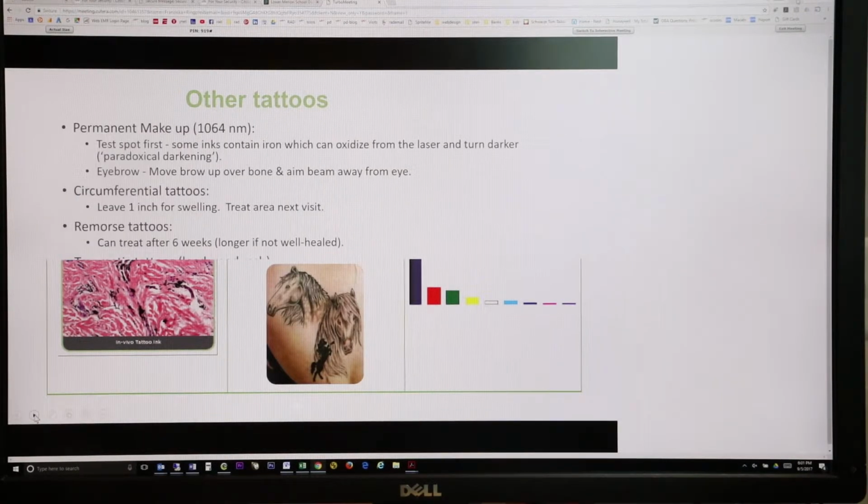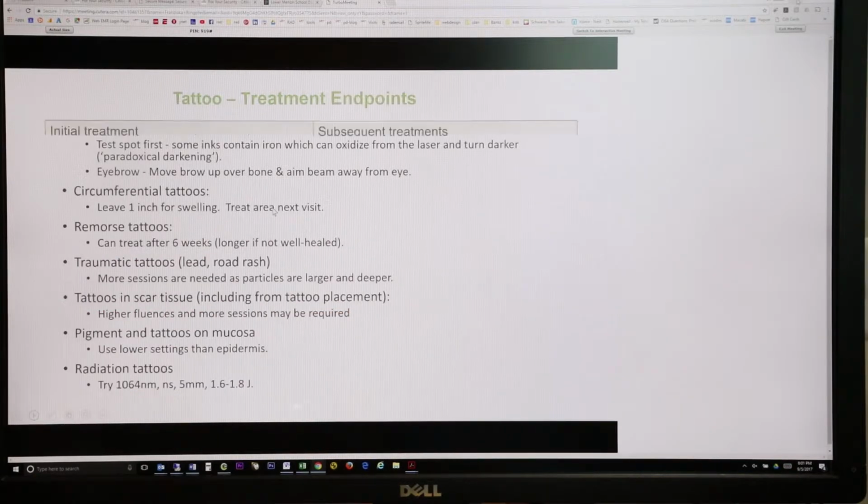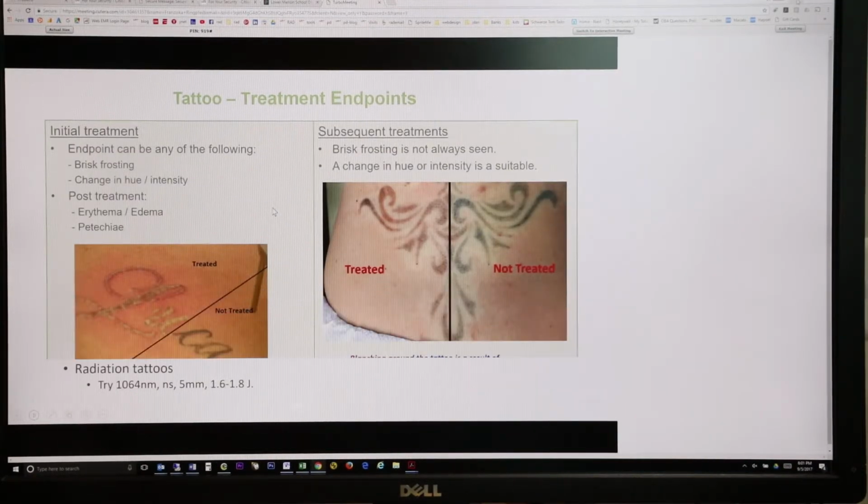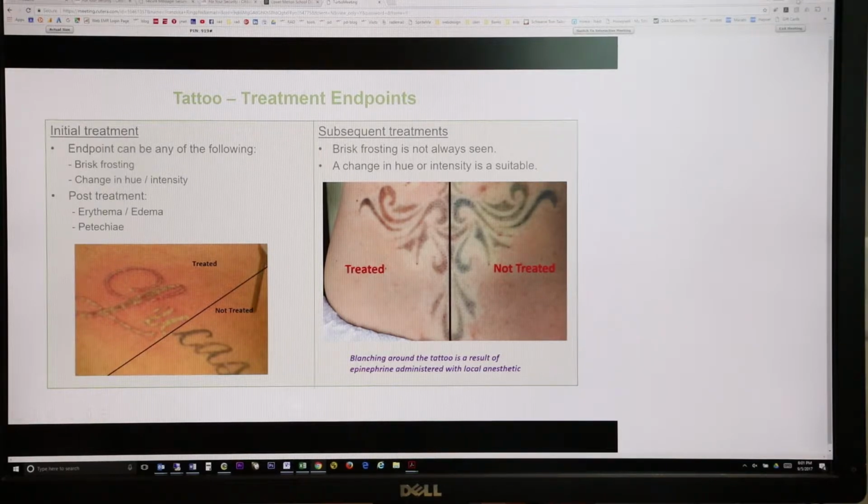Okay, so here's your endpoint. Basically you're just getting that frost, that steam bubble after the injury. The steam rises up to the surface of the skin and it causes a whitish appearance. And that's good. And then as they come in, they might not get that same response, even though you are higher in your settings.